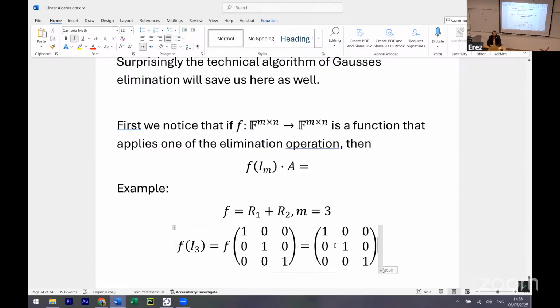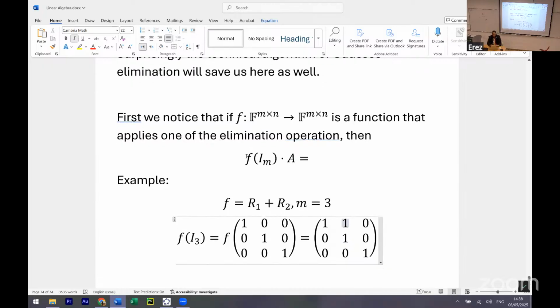So what will be the matrix after the addition? 1 1 0, 0 1 1, 0 0 1. Okay, so that's that. I'm applying the elimination operation to the identity matrix, and I get this matrix.